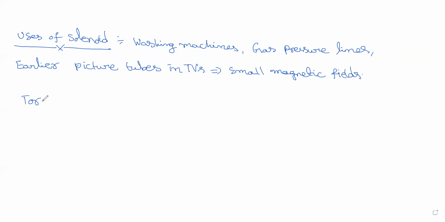Whereas the toroid is used for large magnetic fields, like MRI machines.